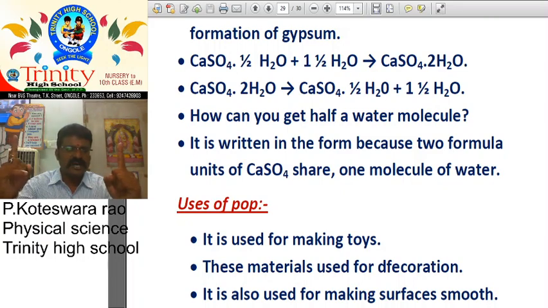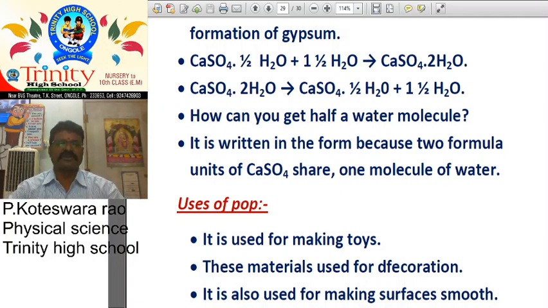The half of 1 is 1 by 2. So we get 1 by 2 water molecule here. 2 formula units, 1 water molecule. 1 formula unit, half water molecule. That is the simple logic. Are you okay?